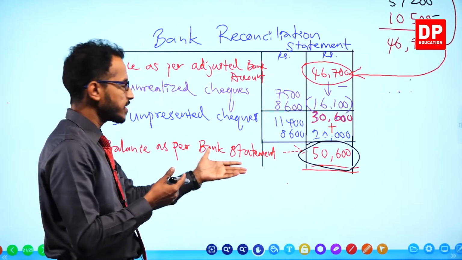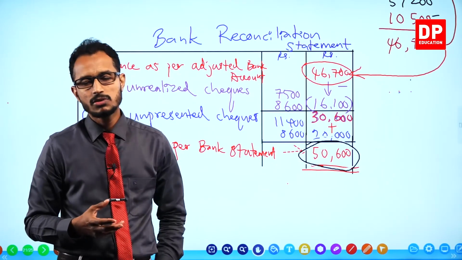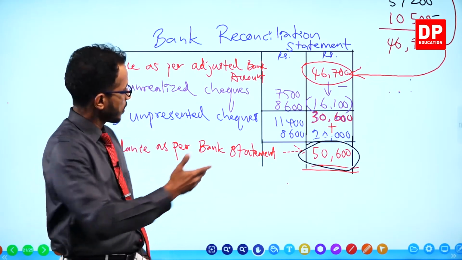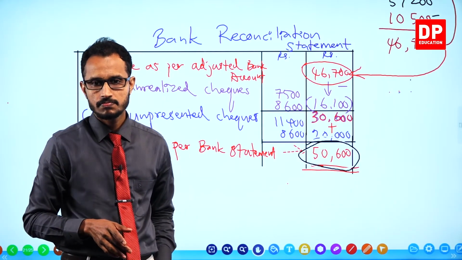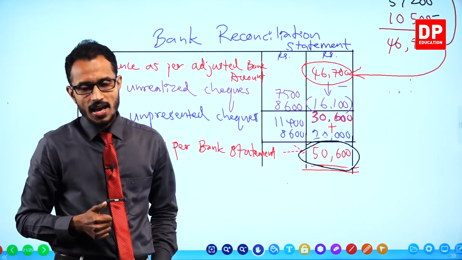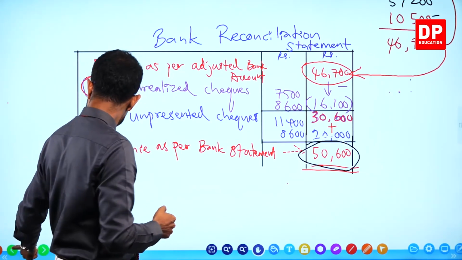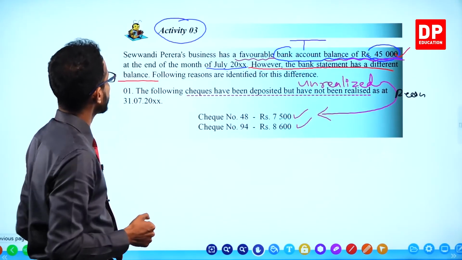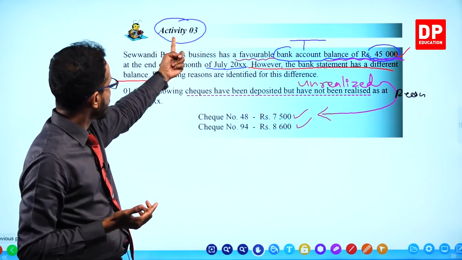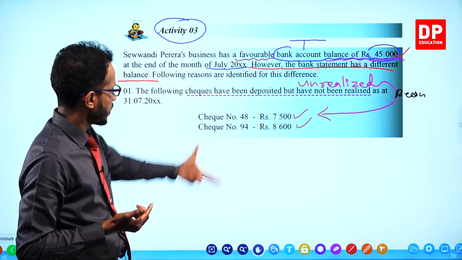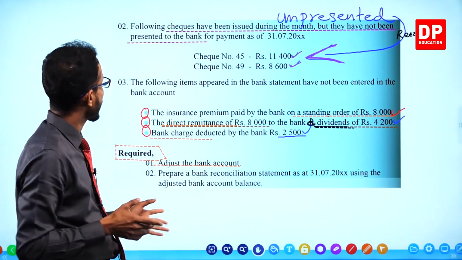Anyhow, the procedure, the way you prepare a bank reconciliation statement, is now explained. Done deal. I hope you understood this, children. The first activity, activity 3 in the reconciliation part of the book, we did in a very descriptive manner, taking a lot of time.